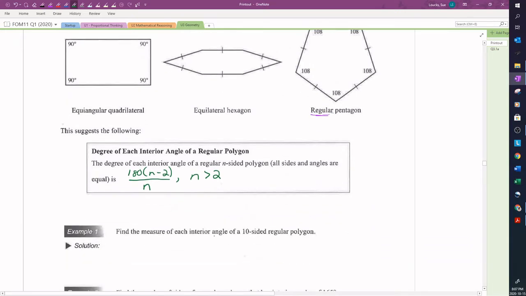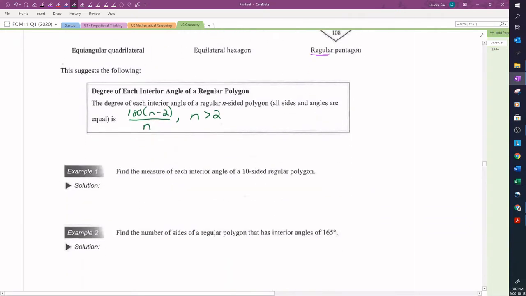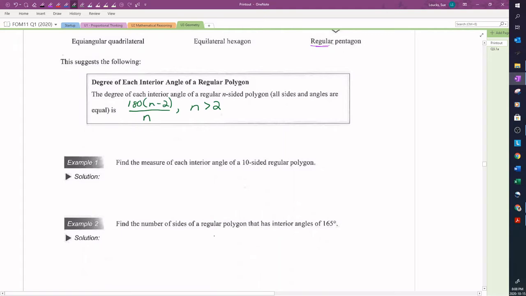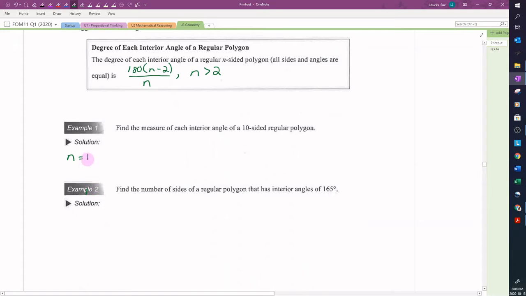All right, let's use this in some calculations. Find the measure of each interior angle of a 10-sided regular polygon. Okay, so our n equals 10 because that's how many sides we have. And our formula is 180 times n minus 2 divided by n. So let's plug our value of 10 in.